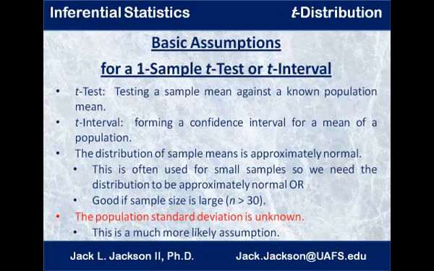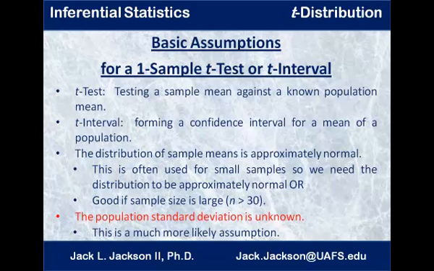In the t-test, we're testing a sample mean against a known population mean and seeing if it's different, if this sample comes from that known or hypothesized population, the one that comes from the null hypothesis. A t-interval is forming a confidence interval, again, for a mean of a population, just like a z-interval. Again, we need the distribution of sample means to be approximately normal.